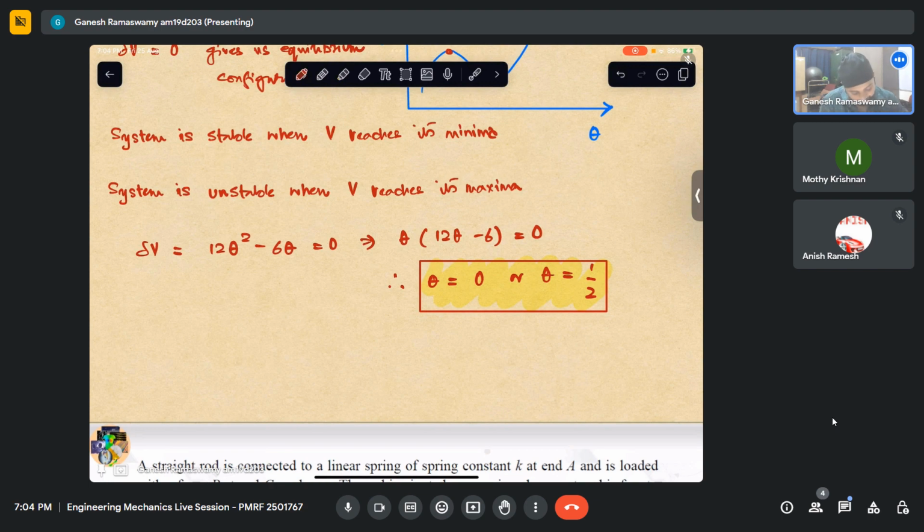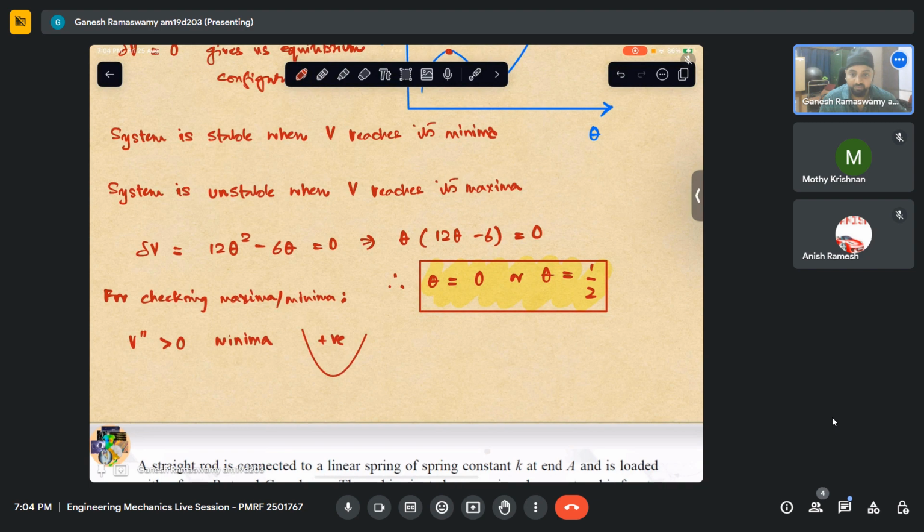So for checking maxima and minima, what is the condition I have? V double dash, if it is greater than 0, it implies it's a minima. Why? Because the curvature will be like that. It's a positive curvature.